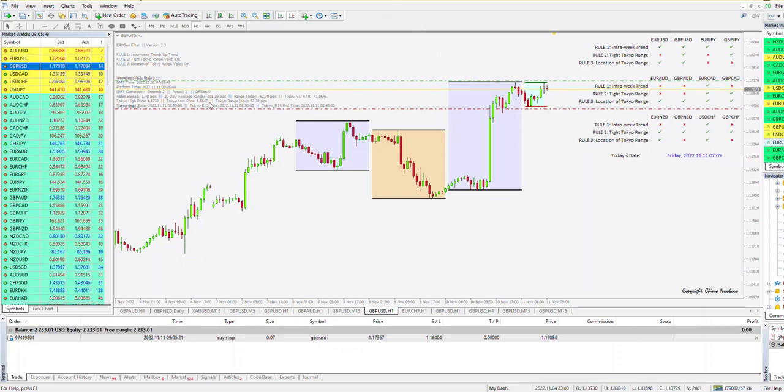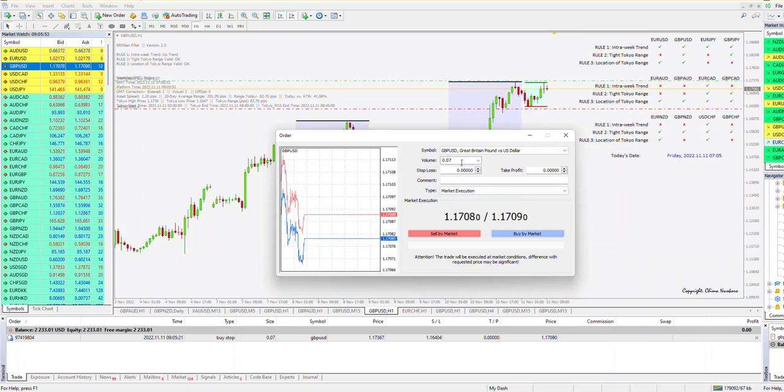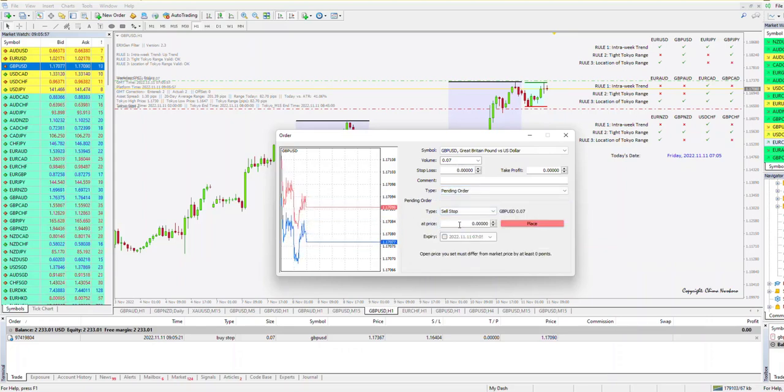Then the new order, still 0.07 pending order, and I'm going to go for the sell stop. So my entry on the sell stop will be 1.1645.